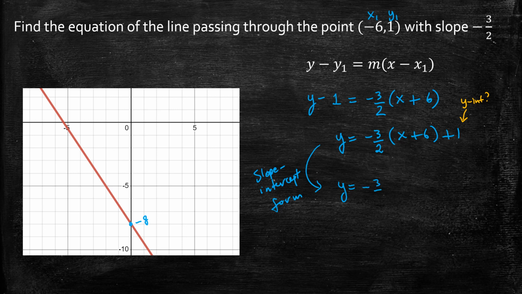So we get -3/2 times x, and -3/2 times 6 will be -9. And we still have that plus 1 hanging out there. And then that ends up being y equals -3/2 x minus 8. And as you can see, that is not the y-intercept up there, but this indeed is.